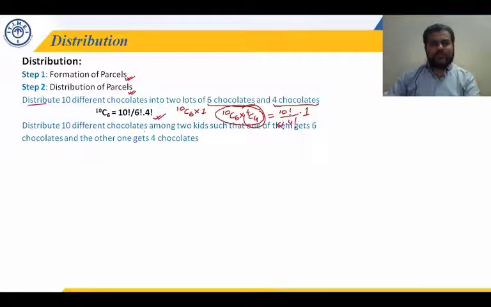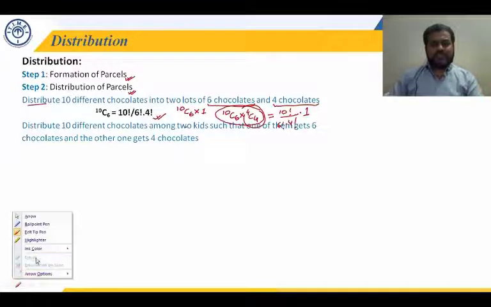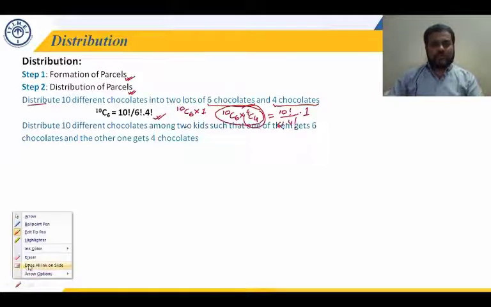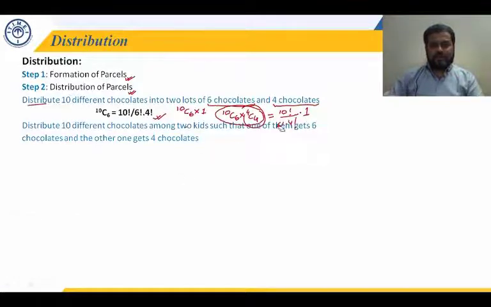Now suppose we have to distribute these 10 different chocolates among 2 kids such that one of them gets 6 chocolates and the other one gets 4 chocolates. Fine.